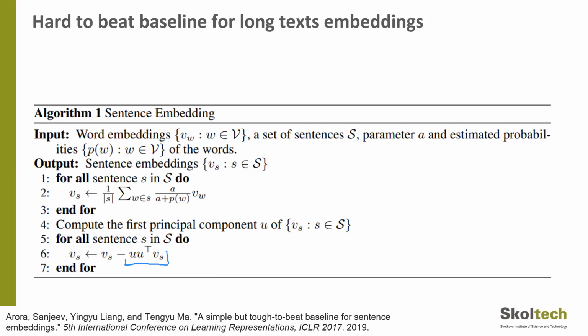For example, if we imagine some kind of PCA for our data, and we have these points and this first principal component, we say it's not important because it's common for all embeddings we have. We want to have some distinct embeddings, so we decorrelate them, and so we have embeddings that are more independent and easier to use and interpret, and they are more distinct if we look at different sets of sentences.